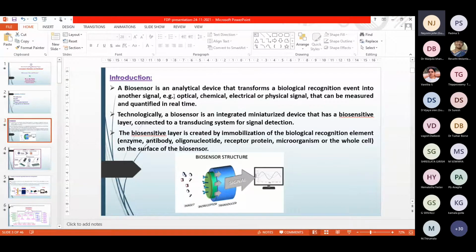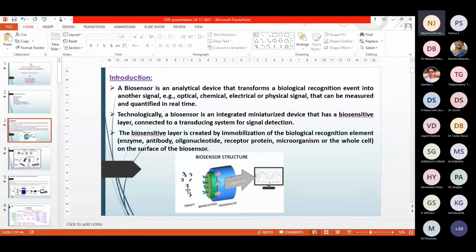The introduction part, where this is the technical part of the biosensor. It has a kind of receptor. The receptors are made up of either enzymes or antibodies or oligonucleotides, which are immobilized onto the surface of the bioreceptor, which we call a bioreceptor. And the biological event happens between the target molecule, the analyte, for example glucose, which we can see here.